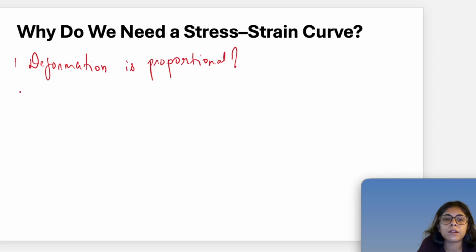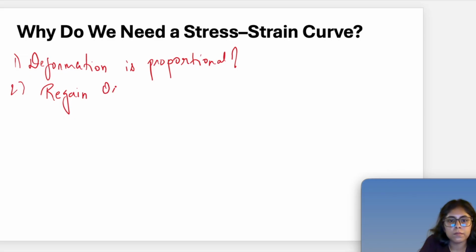And then another question that comes is, does the material return to its original shape? So if we remove the force, can the material come back to its original shape?